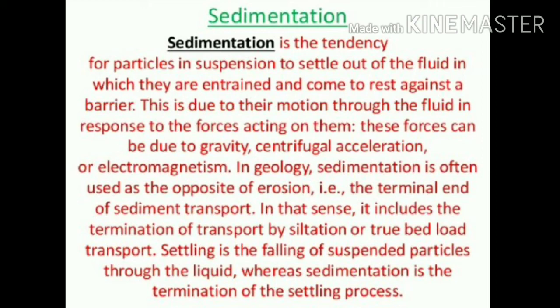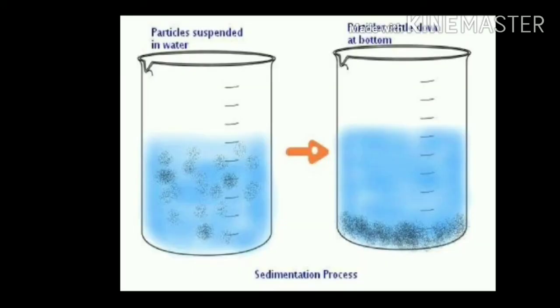Just see here. Suppose this is a mixture of water as well as sand, or we can say soil. It is a mixture of soil as well as water. Here you need to keep this undisturbed. If you keep it undisturbed, after some time you observe a layer of soil at the bottom.